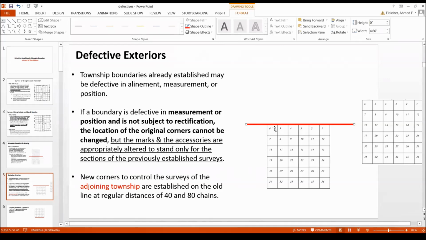I cannot change the location, but I can change the mark and the accessories, meaning rewrite on the marks and the accessories that it only stands for the one that has already been established. And then new corners to control the survey of the adjoining township, the one above it, are to be set at the correct regular distances. If this is not really clear, let me illustrate it one more time differently.